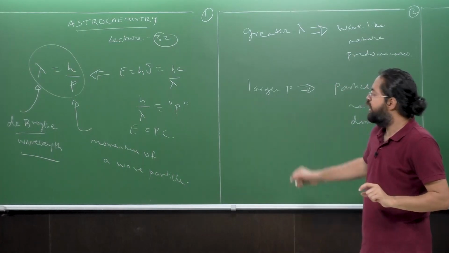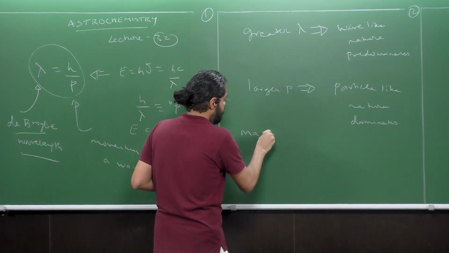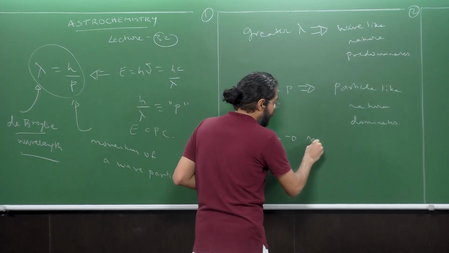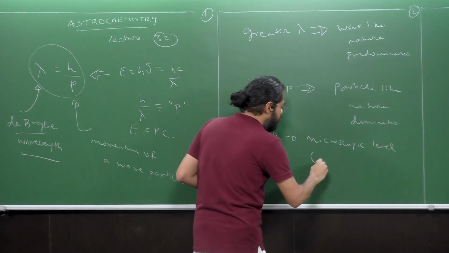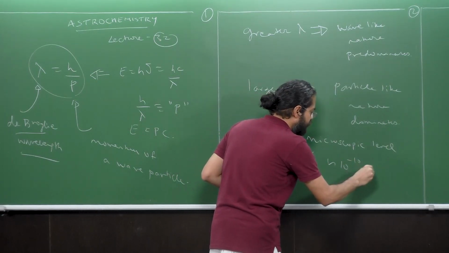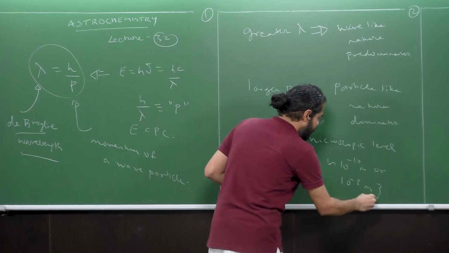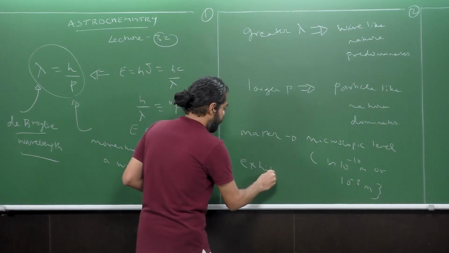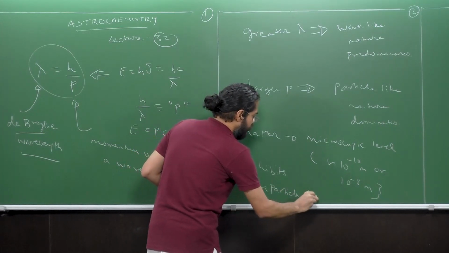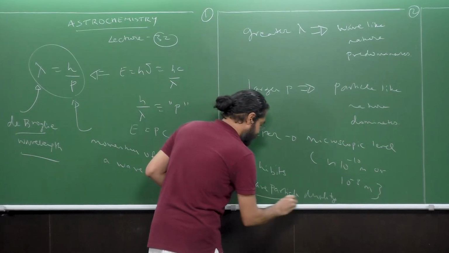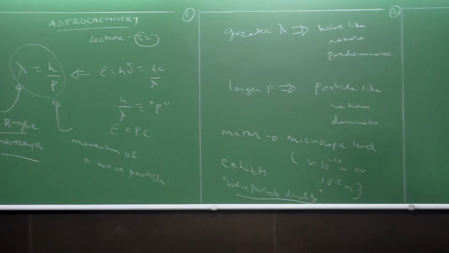But besides that, we have now seen that matter, especially at the microscopic level, we're talking about dimensions approximately of the order of 10 to the power minus 10 meters, or even up to say something like 10 to the power minus 8 meters, exhibits wave particle duality. All right, so matter does exhibit wave particle duality.